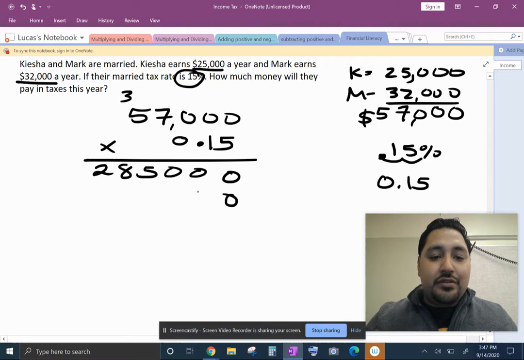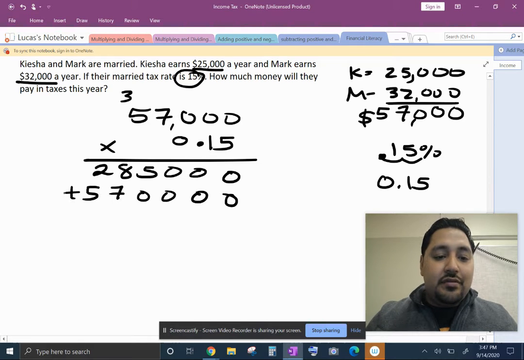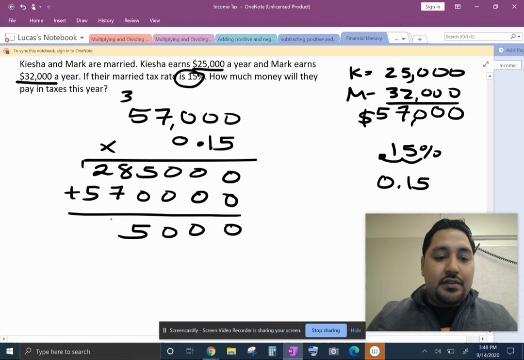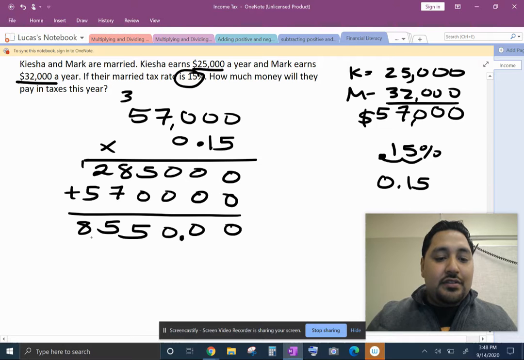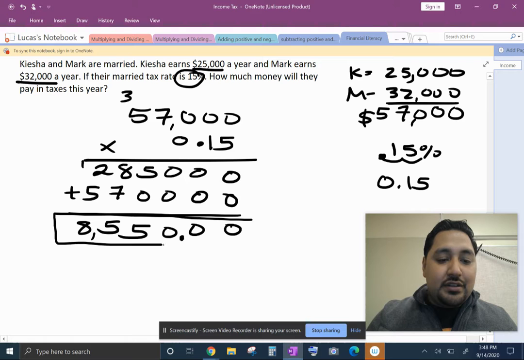And then so now I'm going to do 0, 0, 0, 7, 5. And I'm going to add these. 15, 7, 8. And then I need to move over 2 decimal places. And so how much they're going to be paying in income tax is this number right here.